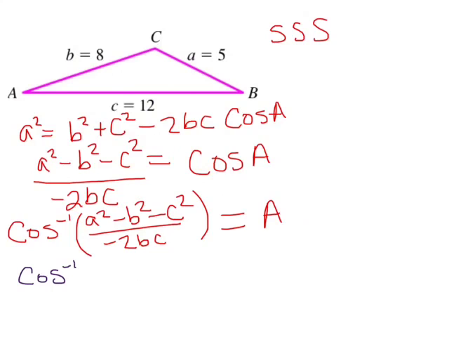Cosine inverse of, okay, so A again is 5. So 5 squared minus 8 squared minus 12 squared divided by negative 2 times b, which in this case is 8, times c, which is 12.